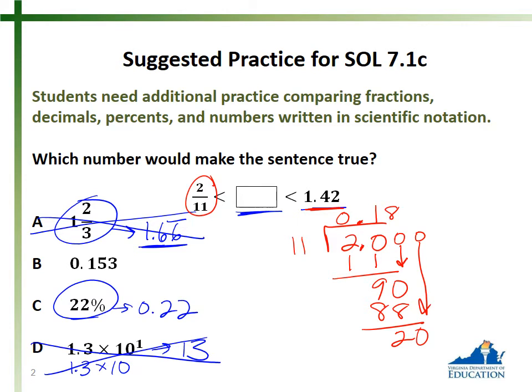So 11 goes into 20 one time, remainder is 9, so I can see I have a repeating pattern here of 1818.